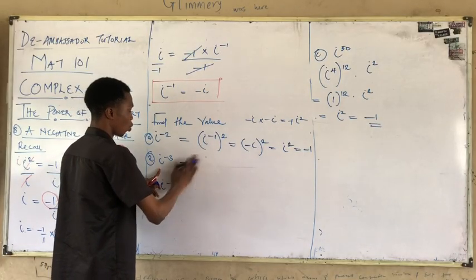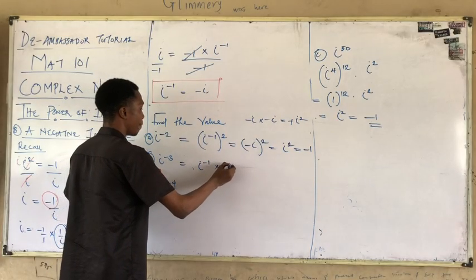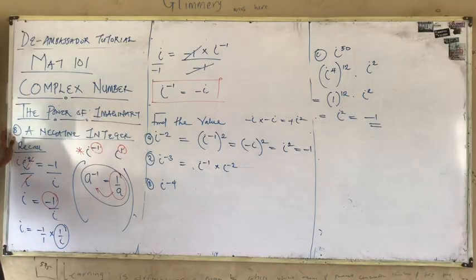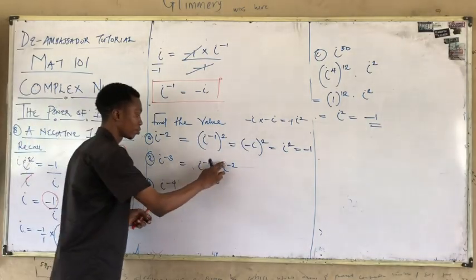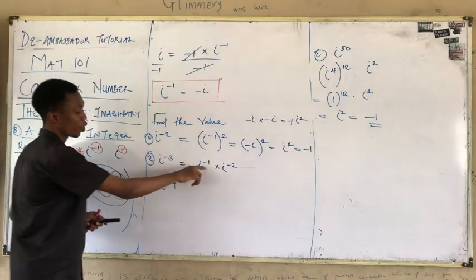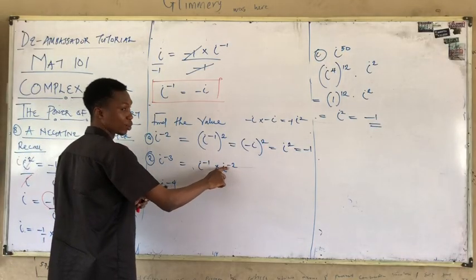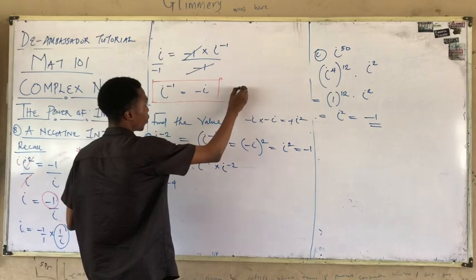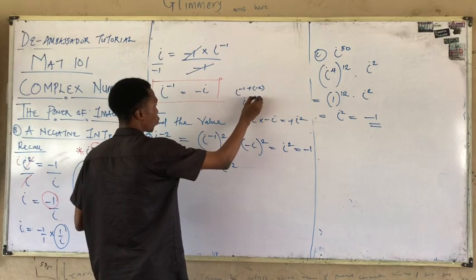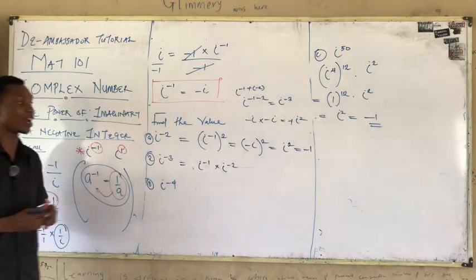Can we do it this way? i^-1 multiplied by i^-2. No or yes? Because in indices, -1 plus -2 gives -3.